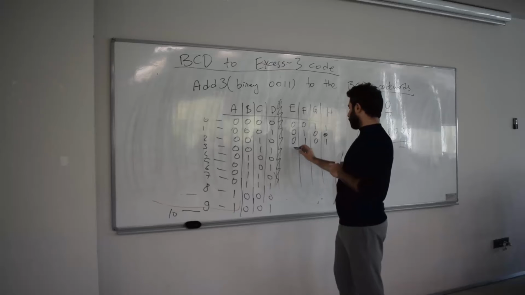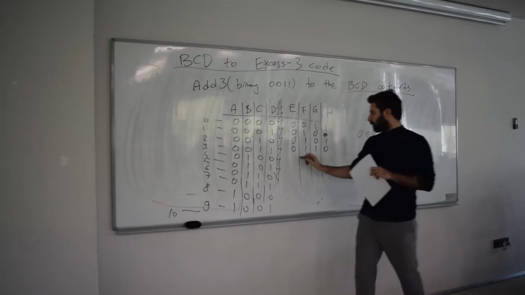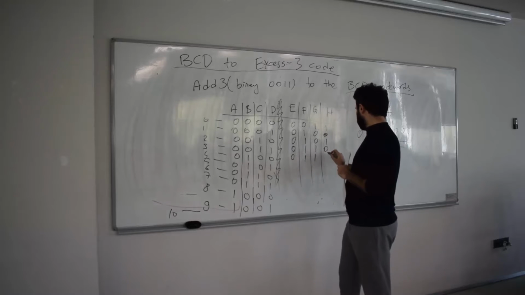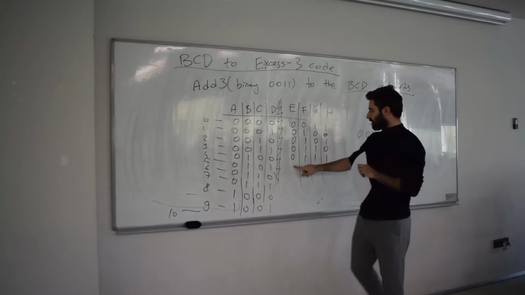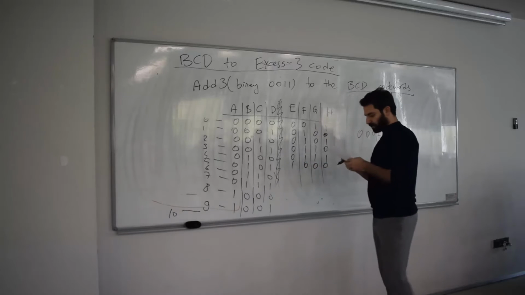How about the next one? 0, 1, 1, 0. 6. And the next one? 0, 1, 1, 1. All right. This is my 7. How about this? 1, 0, 0, 0, 8. Right?